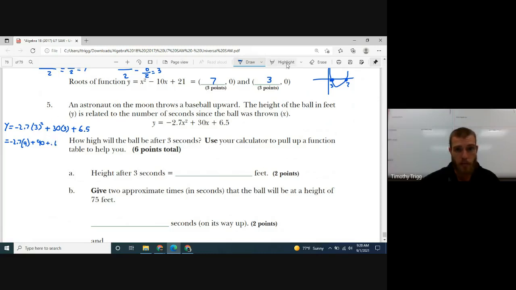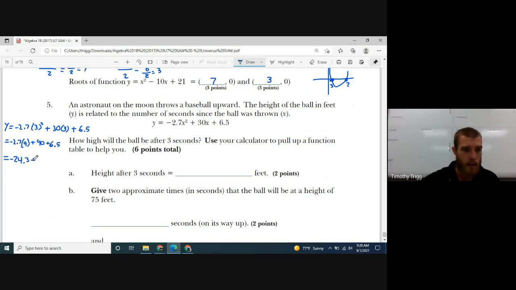Oh, I put a decimal in the wrong spot. 6.5. All right. Now, negative 2.7 times 9. Use my calculator here. 2.7 times 9. So that's going to be negative 24.3. Plus 90 plus 6.5. I'll go ahead and combine those.